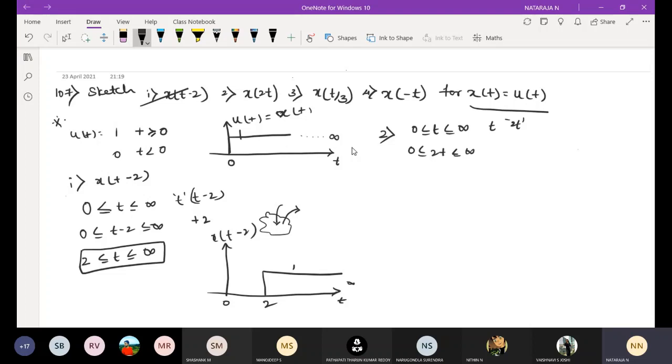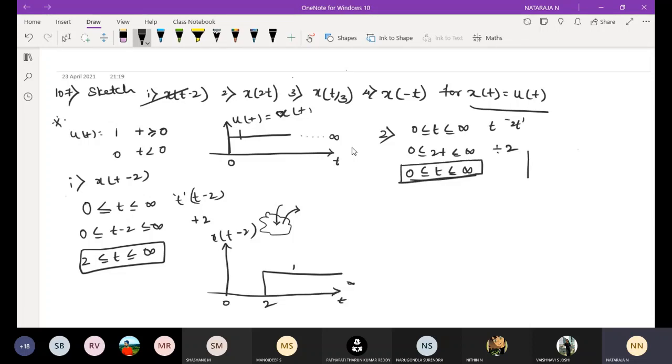I need t, so I divide by 2. 0 by 2 gives 0, so 0 less than t less than infinity, since dividing infinity by 2 does not change it. The limits are 0 to infinity, so here also 0 to infinity. Whatever x of t is, you get the same signal for x of 2t.